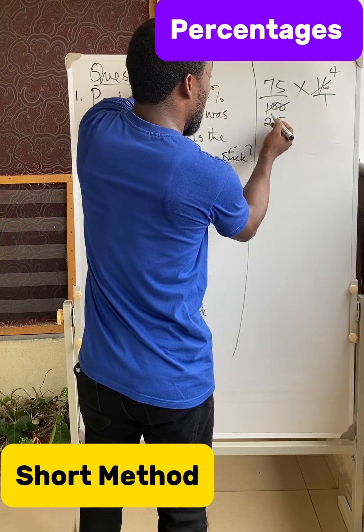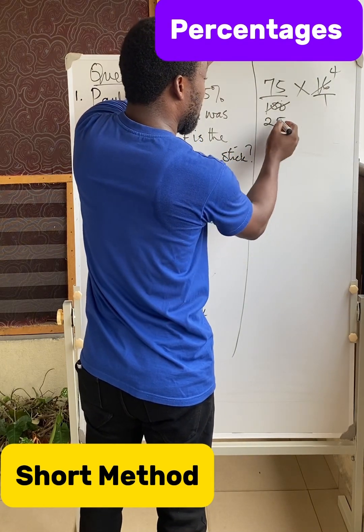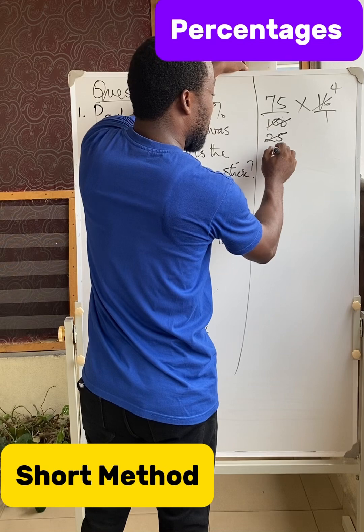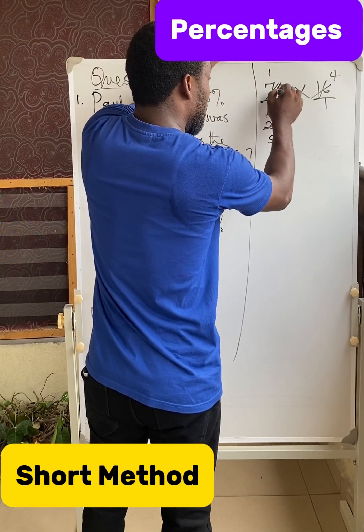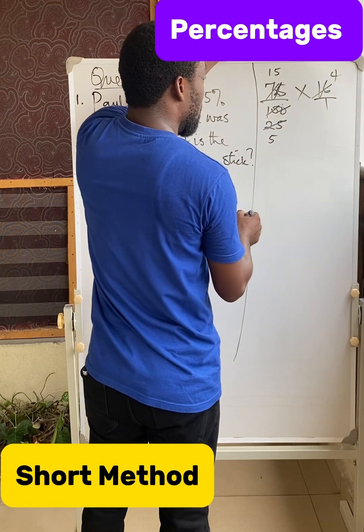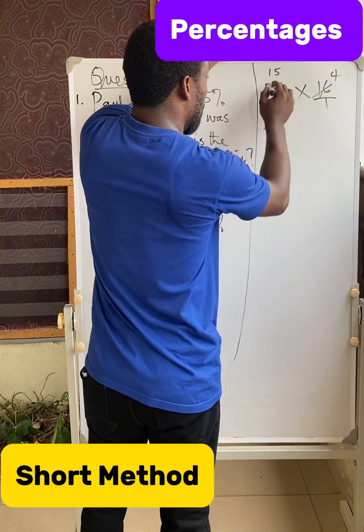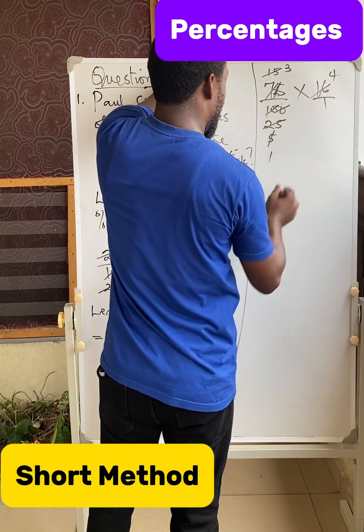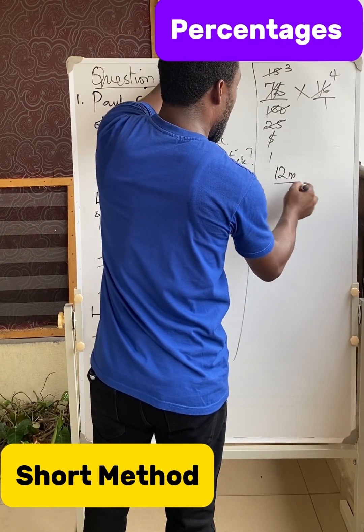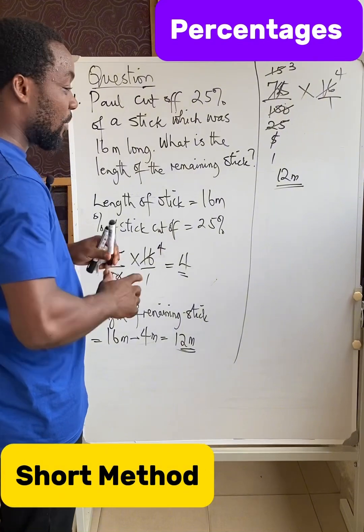This number ends with 5. This number ends with 5. It means 5 can divide through. 5 into 25, 5 times. 5 into 75, 15. 5 times. So 5 here is 1. 5 into 15 is 3. So 3 times 4 is 12 meters directly, and that's my answer.